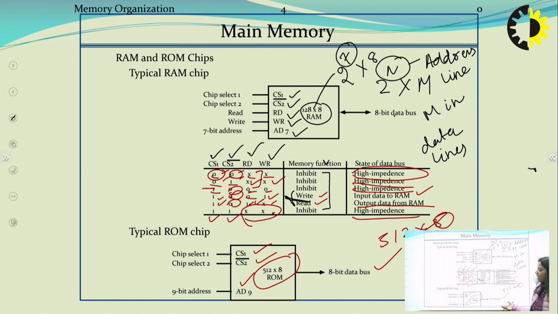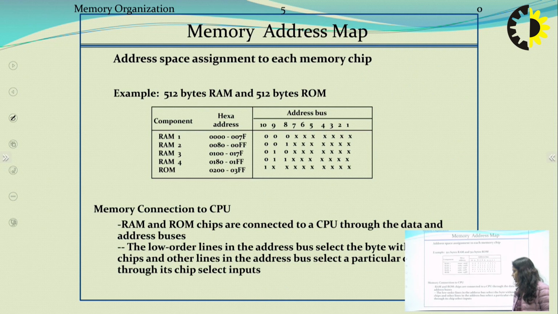Now let us come to the address mapping of these ROM and RAM chips. How can we calculate what address will belong to a RAM chip and what address will belong to a ROM chip? So this will be the table for that, hexadecimal addressing, how it will be performed.